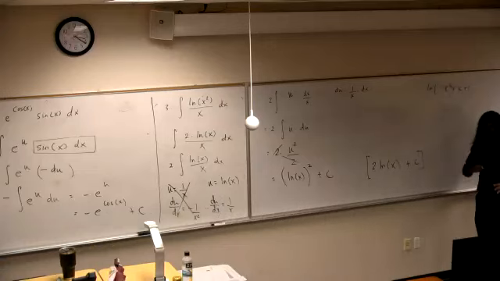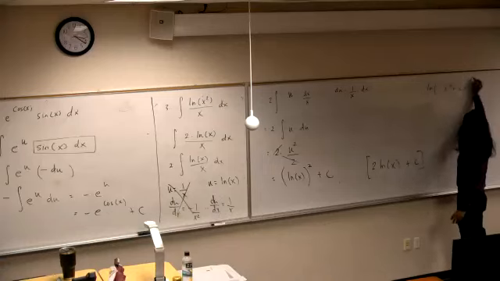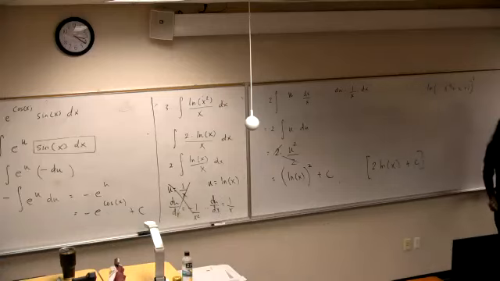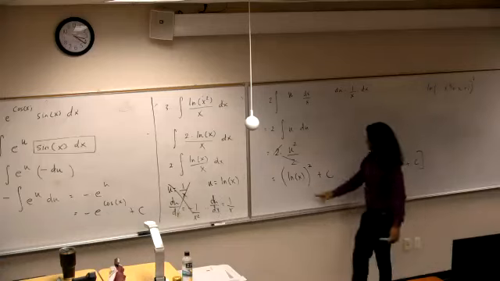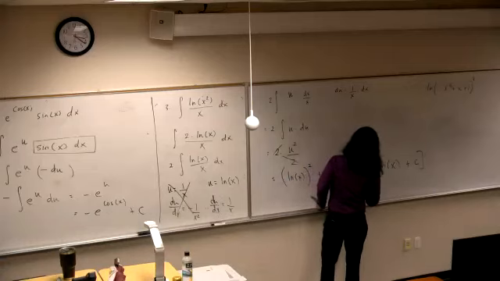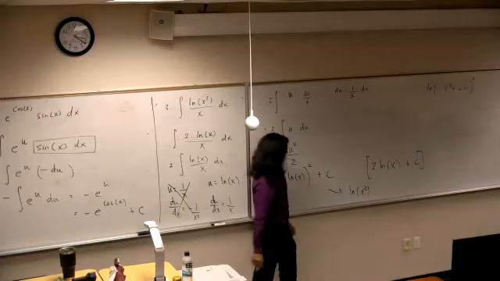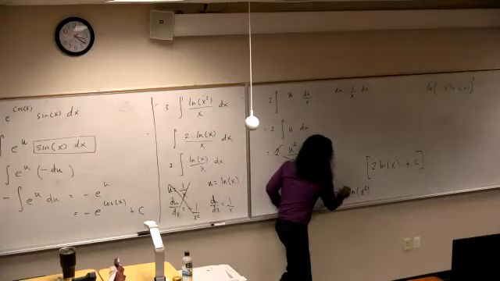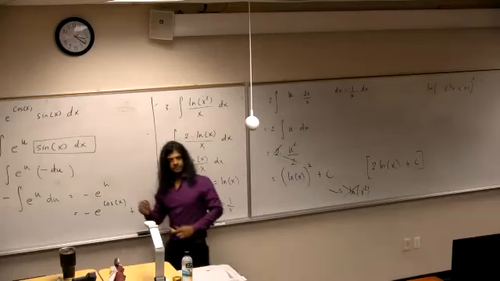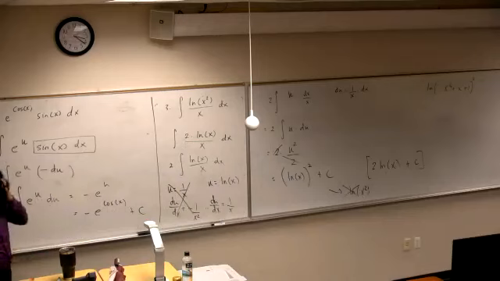The only way you could pull a power out is if this entire expression is raised to, say, the power of 3. Then you can pull the 3 out. Good? But this is not the same as that. This is what resulted in that, but those two are not the same. So don't make that mistake. It's a common mistake.